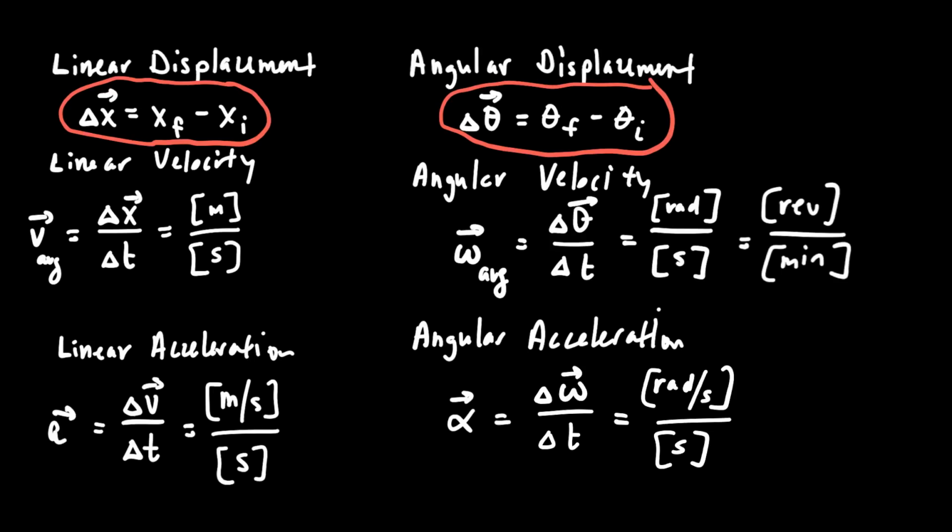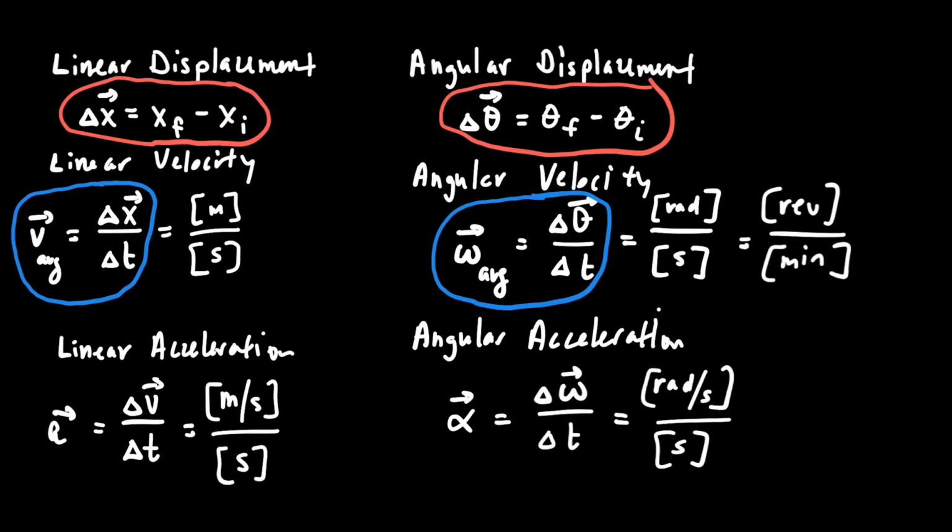For linear velocity, we have the average velocity is the change in position divided by the change in time, which is given in meters per second. And for angular velocity, the average angular velocity is given by change in angle, delta theta, divided by change in time, delta t, and that's measured in radians per second.